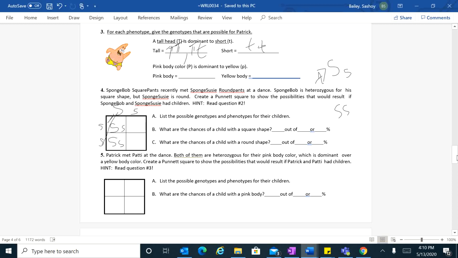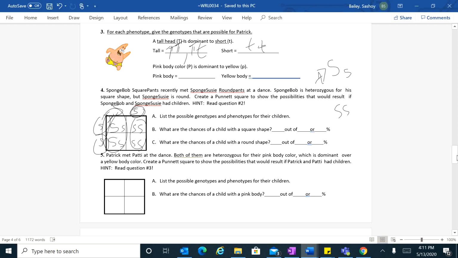Then we're going to do this, and that's two lowercases. And then again, we'll do this and this, two lowercases. So there is a 50% chance, these two, that it will be dominant, so square, and a 50% chance that it will be round.